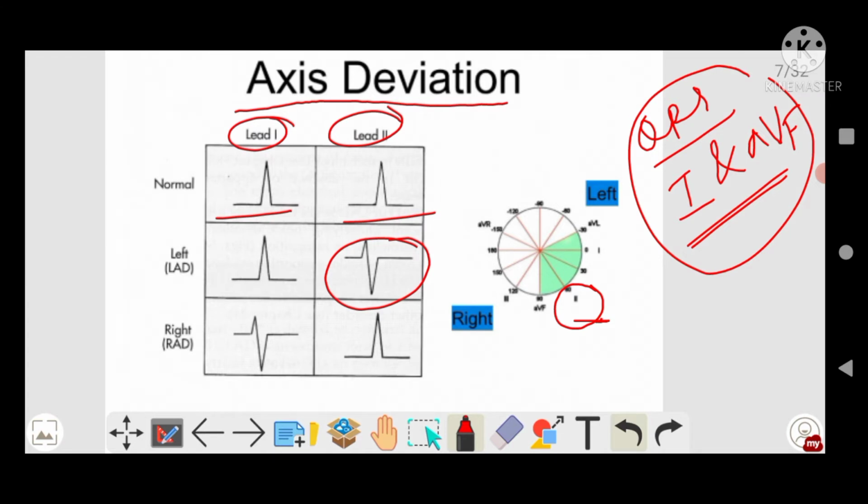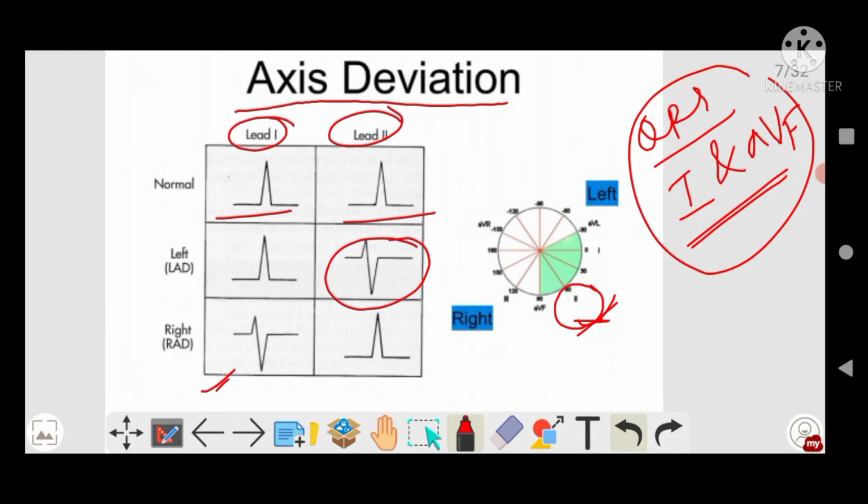So in left axis deviation, you will definitely see changes in lead 2. Similarly, in right axis deviation, you will see changes in lead 1, because lead 1 is placed on the right arm, correct?